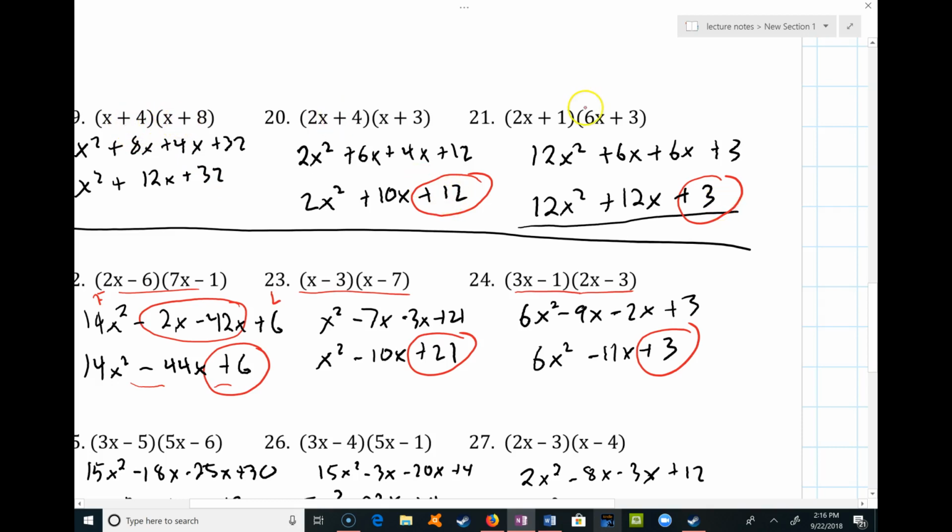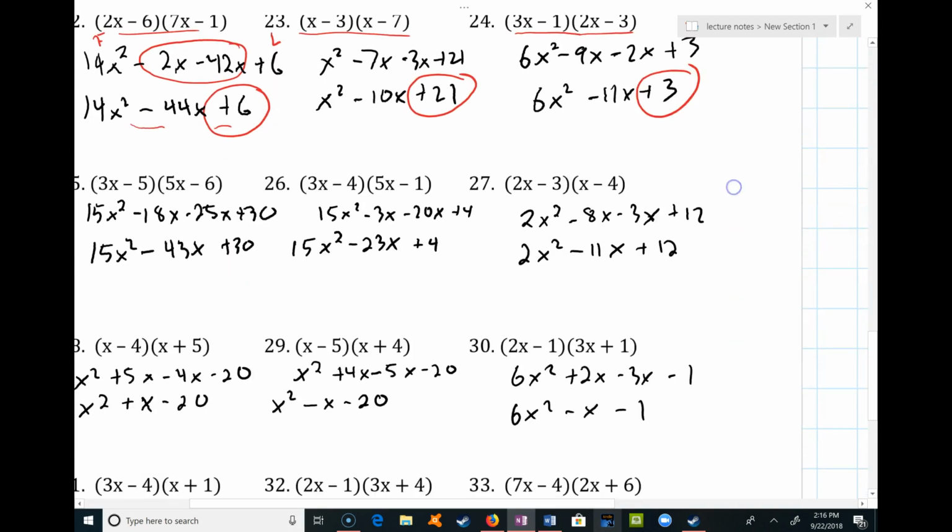My last term is positive, they're both positive. My last term is positive, they're both negative. So when the last term of the polynomial is positive, that tells you in factoring that the binomials are going to have the same sign. They're either both positive or both negative.